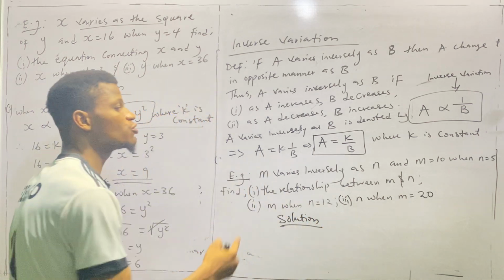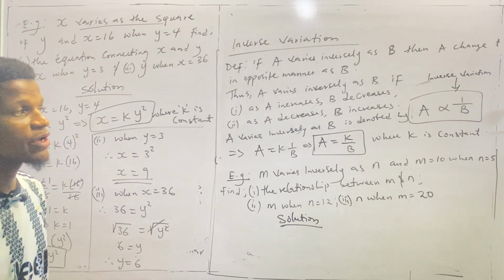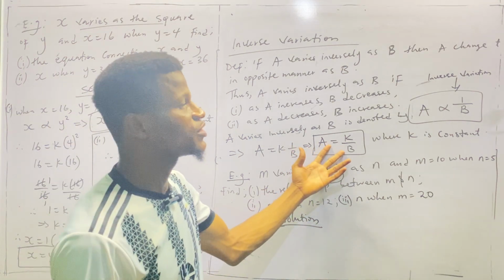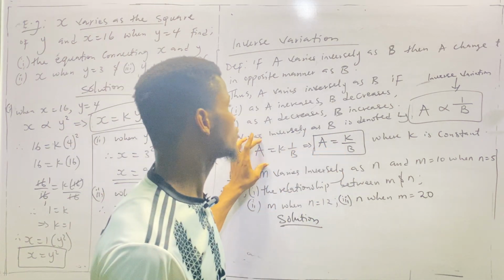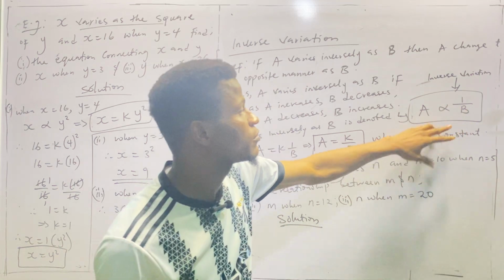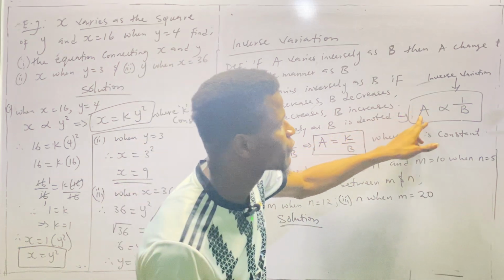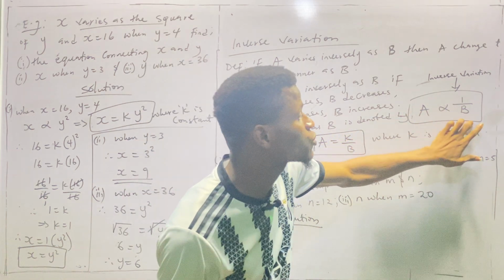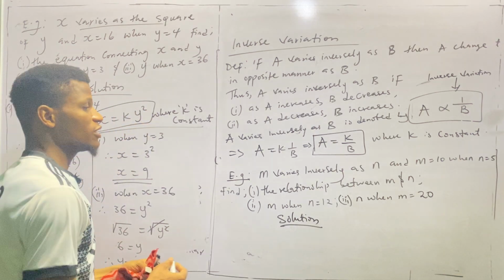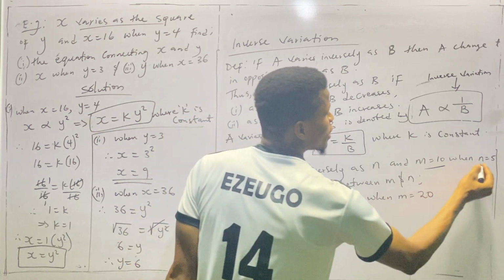As usual, we will solve with the same ideology we used to solve direct variation. The only difference is that we set up a different variation relationship, by 1 over. So if a quantity varies inversely as the other, it will be 1 over the other. Let's write our parameters first. They told us from the question that when m is 10, n is 5.